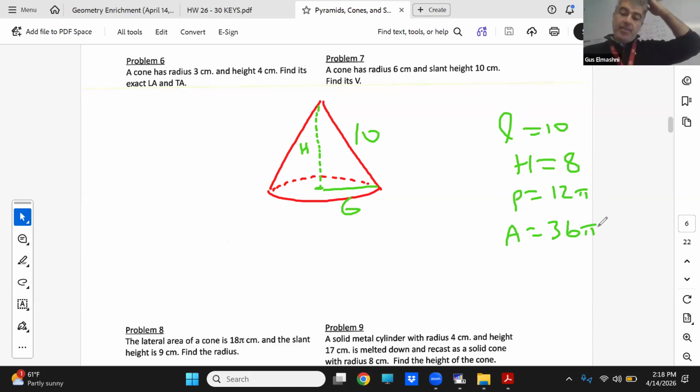You would want to just find the height, find the circumference of the base, find the area of the base, and then everything else should follow, and they just want volume this time. So that's lovely. They just want volume.